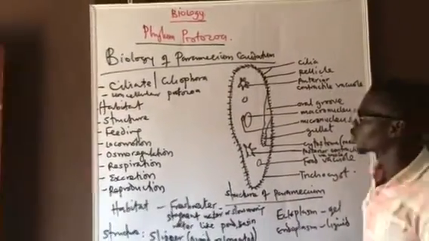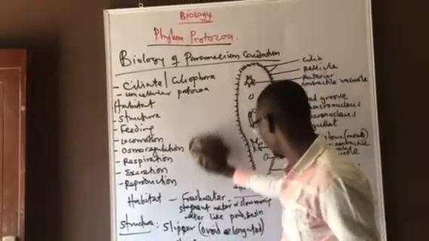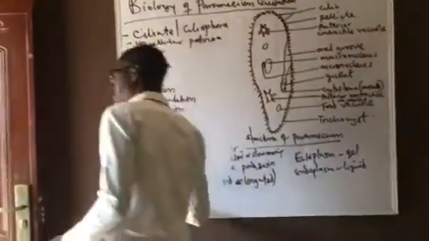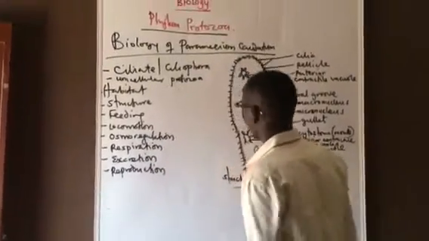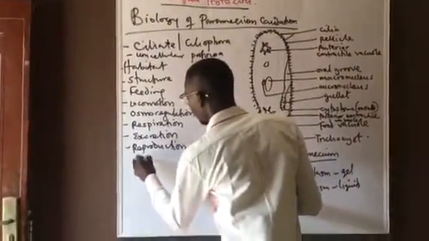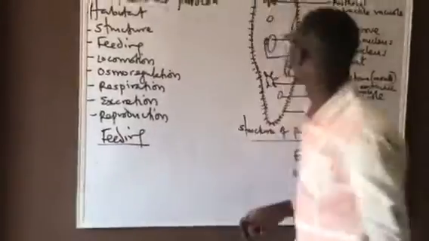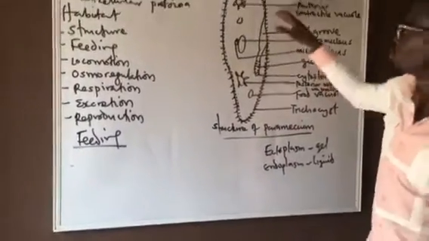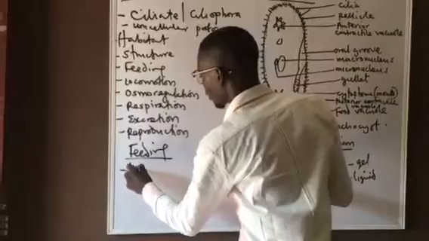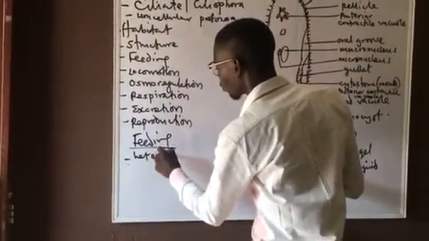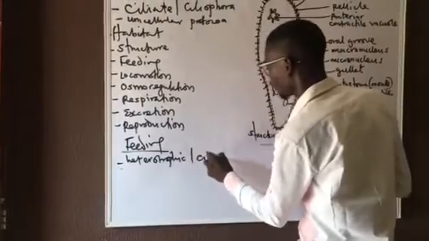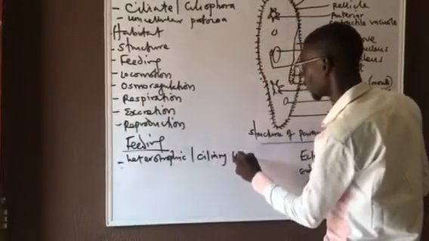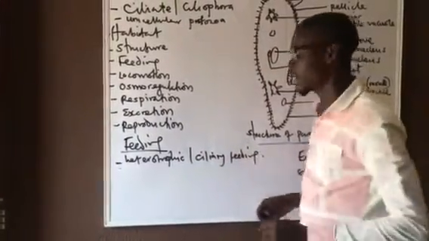So we want to move to feeding in paramecium. Let's talk about the feeding now. Paramecium are heterotrophic, and they carry out what we call ciliary feeding, or they are called ciliary feeders.